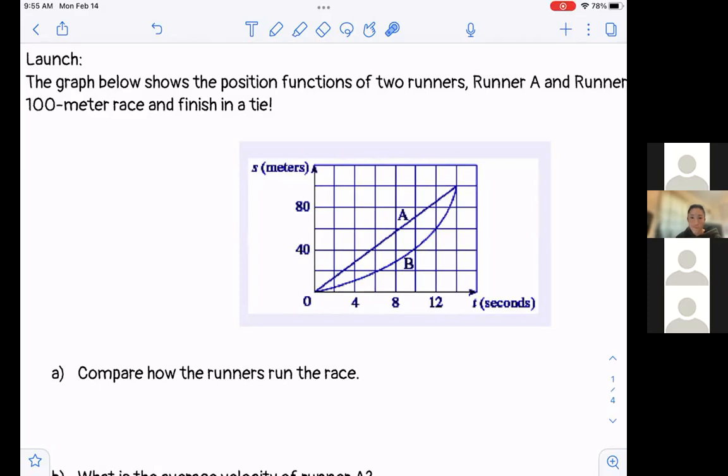Well, runner B starts off running fewer meters per second, basically. As more time passes, they start to accelerate, so they cover more meters and then they reach the finish line at the same time.